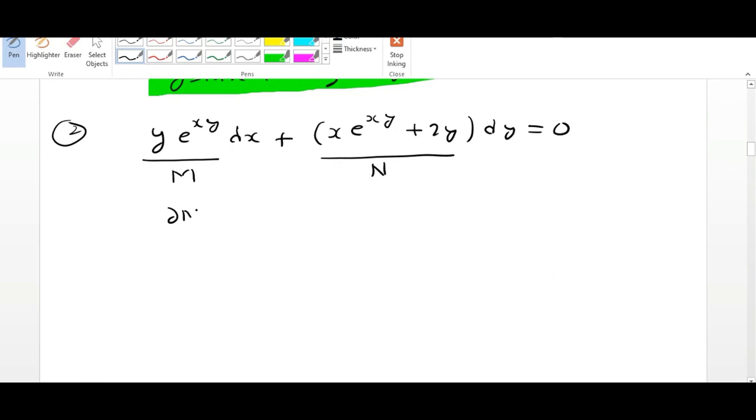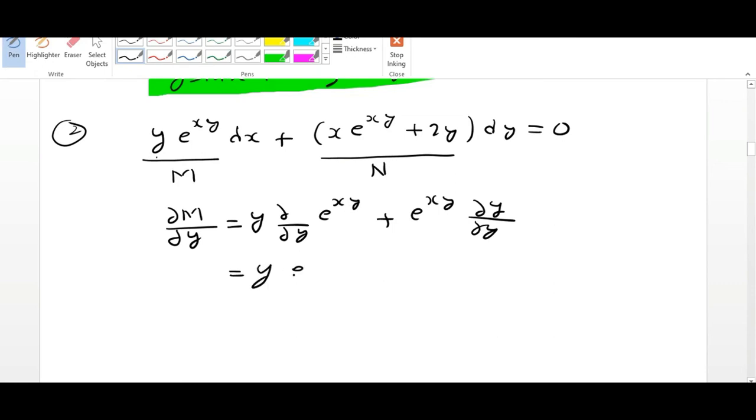Now what is ∂M/∂y? So now you have to apply u into v because here it is y and here also we have y. So y into ∂/∂y of e raised to power xy plus e raised to power xy ∂y/∂y. So from here, when we are taking partial derivative with respect to y, x will be treated as constant.